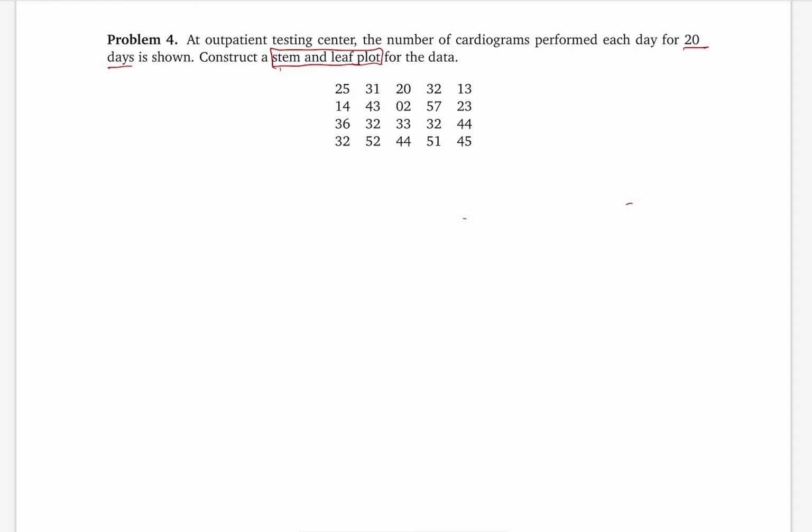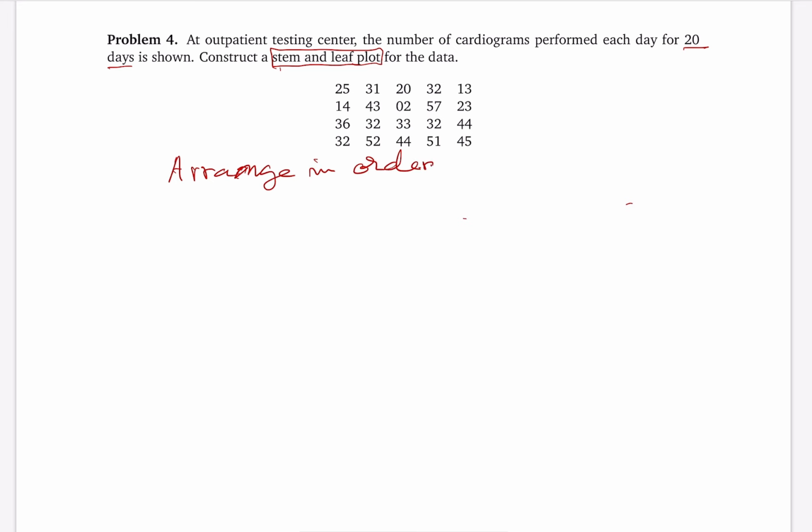So when they ask you to construct the stem and leaf, first of all, you have to arrange the numbers in order. You have to arrange them first in order.